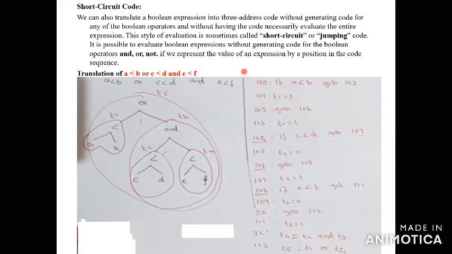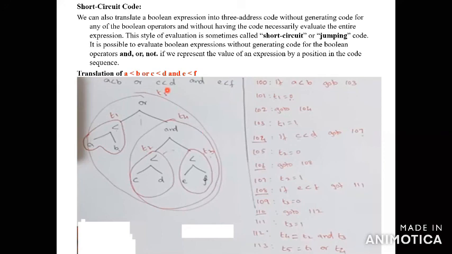First you have to create the temporary variables. First one is for and. A less than B is T1. C less than D is T2. First you write the 3 address codes according to the given grammar. So A less than B is T1, C less than D is T2, E less than F is T3. What about T4?